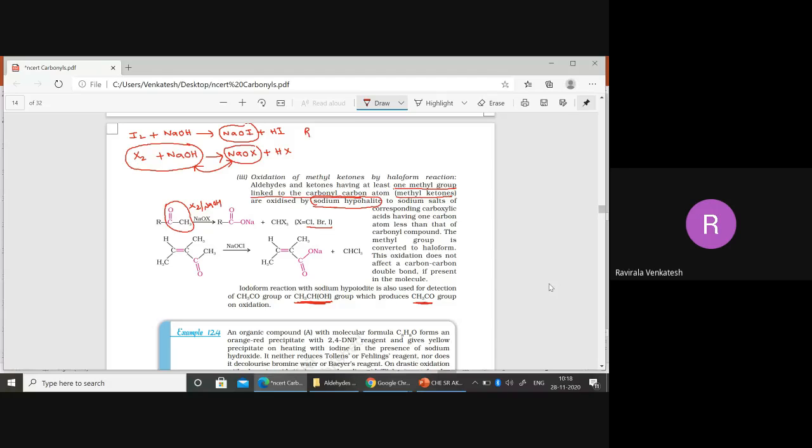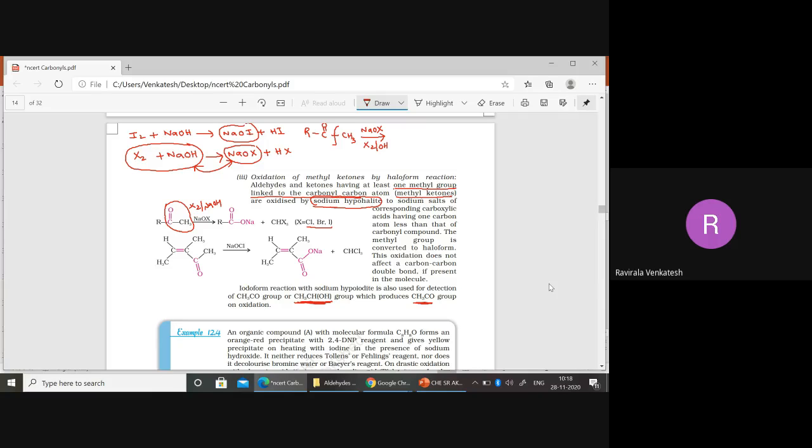R, C double bond O, CH3, reacting with NaOX. Now how to make the product here? Remember, in this case, you break the bond here. The reagent we are taking is X2 in presence of base.